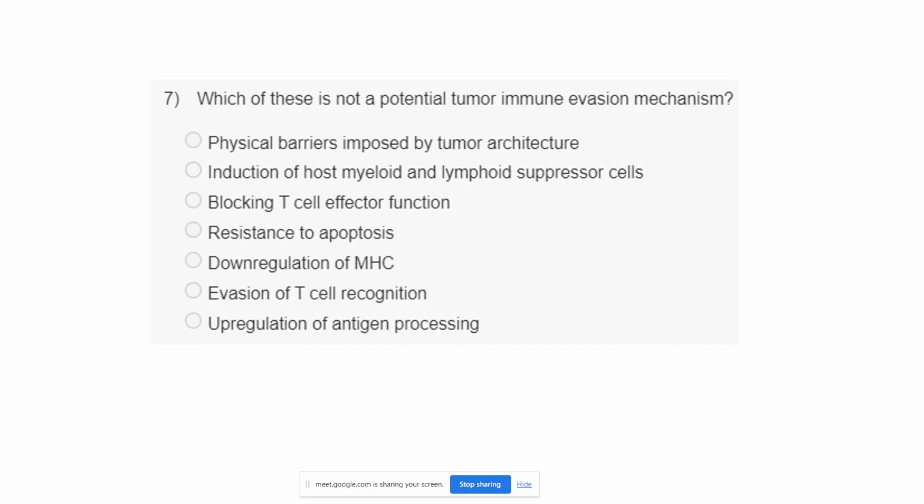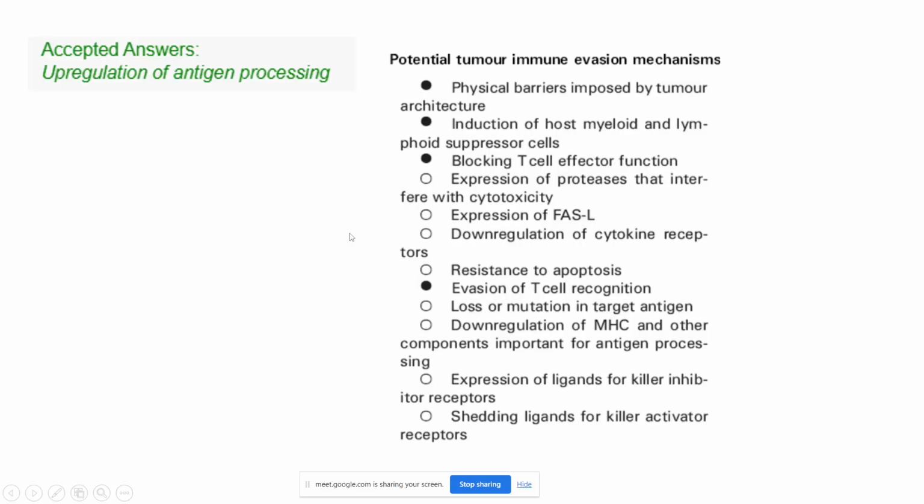Last one, ma'am. Okay. Yes, you are correct. Upregulation of antigen processing. This actually means you are enhancing the immune response. So this is not a potential tumor immune evasion mechanism. The rest of the options are immune evasion mechanisms. So upregulation of antigen processing will be the correct answer.